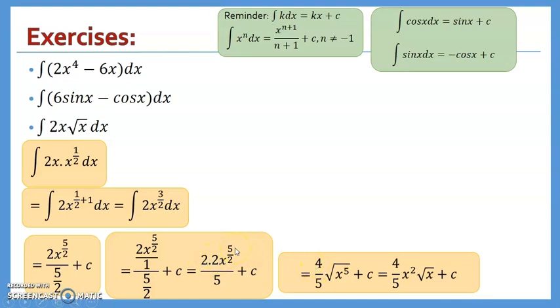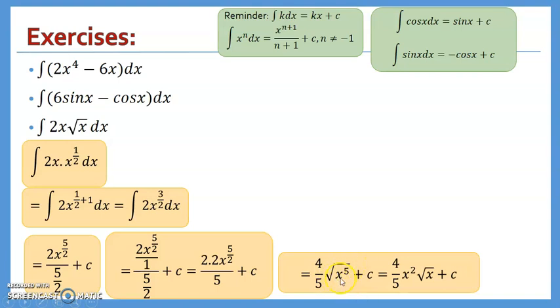Now, as we did also in the previous video, in order to get this back into a radical form, the number in the denominator refers to the index of the radical, and the 5 refers to the power. So since the index is 2, it's the radical that you know, and the power of x is 5, so you get radical x power 5. Now how do you simplify radical x power 5?